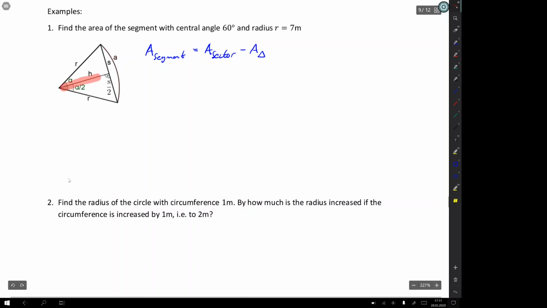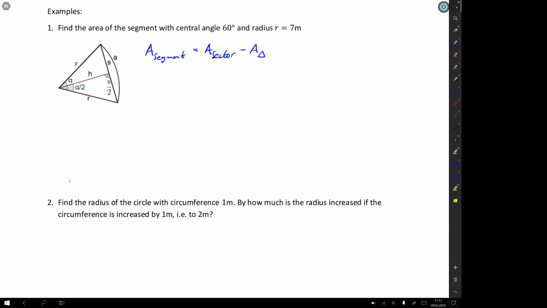Now when we draw the altitude, here we get half the angle of alpha, so 30 degrees. Here we have now a right angled triangle. We know this angle, we know this length here, it's the radius, so we can calculate this altitude. We can also calculate this length here, and using that we can calculate the area of the triangle.